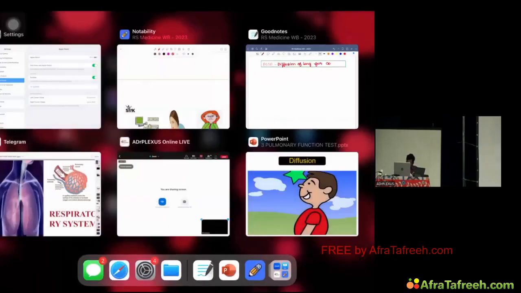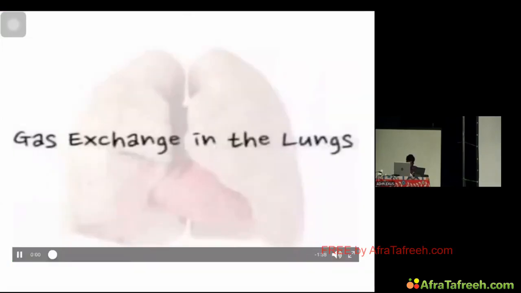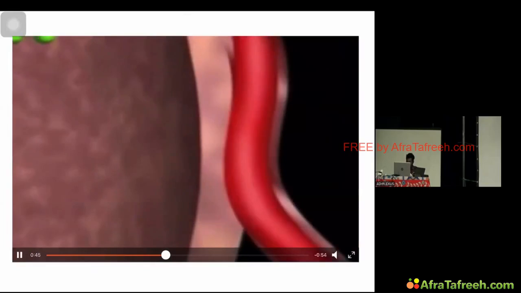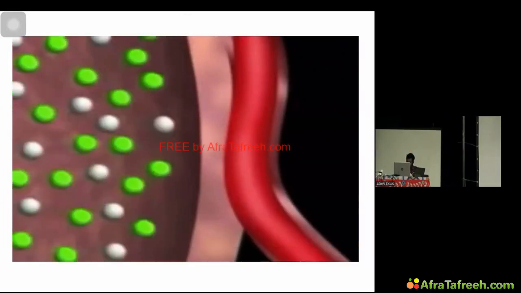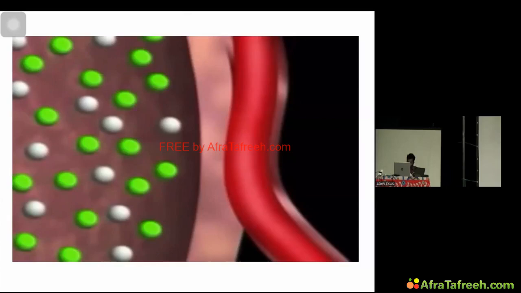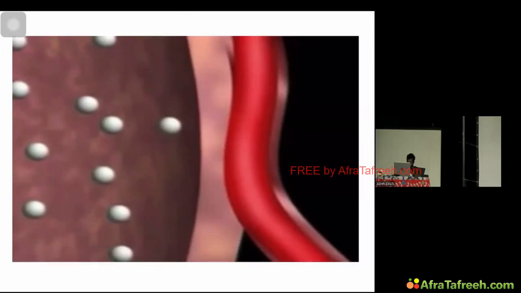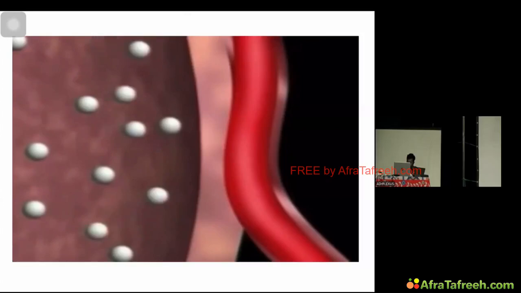Normally what is going to happen? There is going to be gas exchange. These are the alveoli, where you have blood vessels, capillaries. This is the alveolar membrane, and this is the capillary endothelium. The air enters the alveoli, crosses the alveolar epithelium and interstitium, and enters the blood vessel.